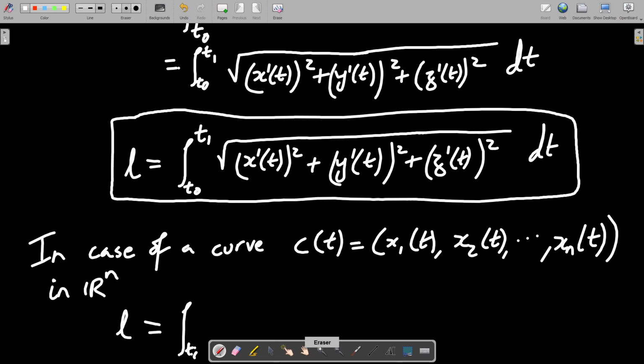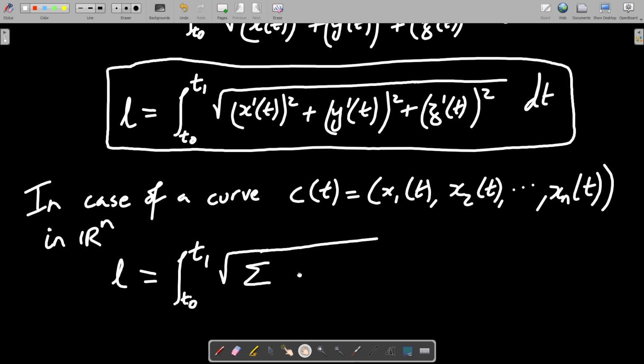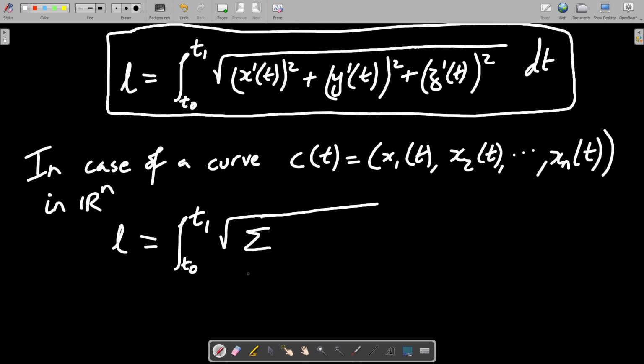Same way: integral from t naught to t1 of the root over, I'll use the summation notation, the sum from i equal to 1 to n of x i prime of t the whole square.